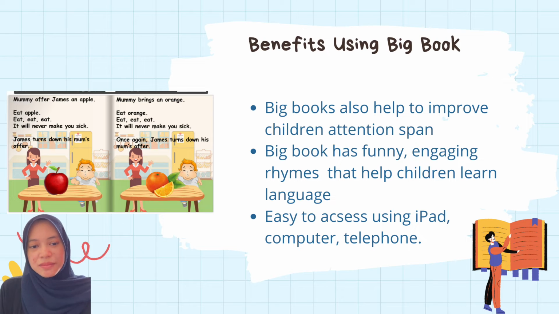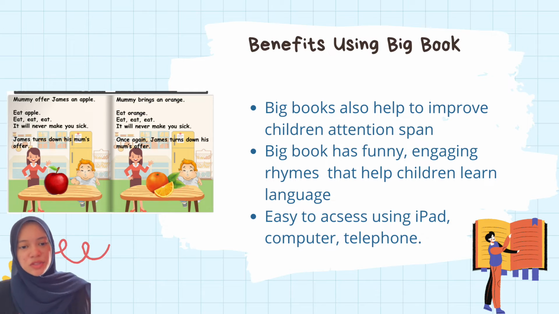Thus, using a big book can also help to improve children's attention span, when we use fun and interactive animation. I am going to use vibrant and unique characters such as Fat James, a doctor, and a mother, and a very familiar environment such as a park, home, and hospital, which can attract them to the big book.